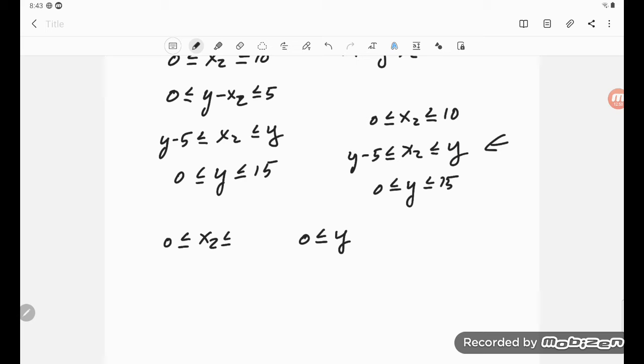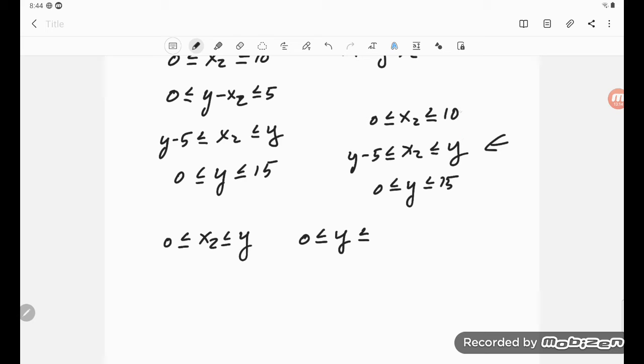But on the other side, we've got y, so we have that. And we'll use this inequality up to 5.